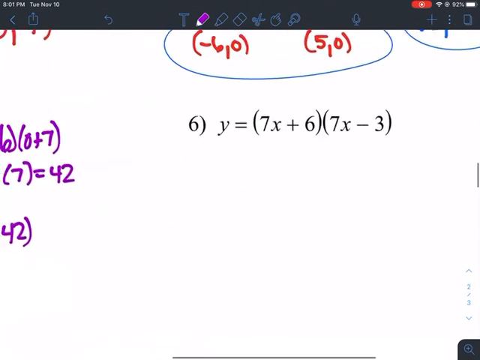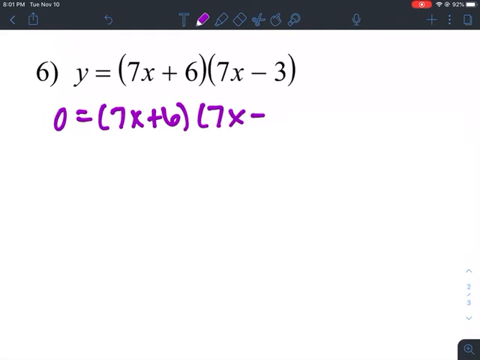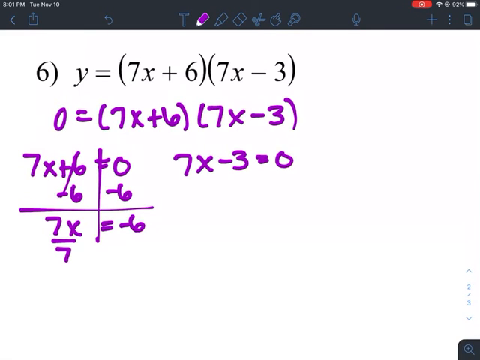Okay. This one is a little bit different because each factor would be a two-step equation. So that means I'm probably going to end up with a fraction, usually. So if I just solve it like regular, subtract 6 on both sides, then divide by 7.